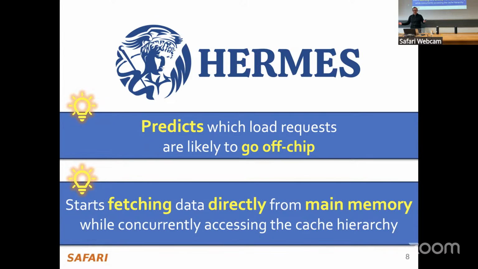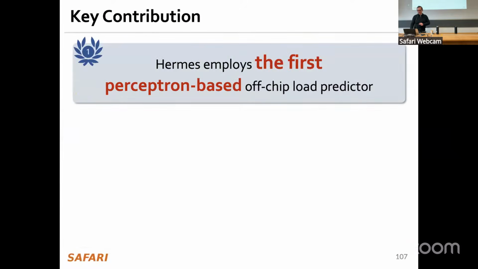It's a prefetching mechanism, but a special type, because you also predict whether something goes off-chip. You could generalize it to any level, whether something is going to go to level X. And I guess you tried it, but maybe that's ongoing work.